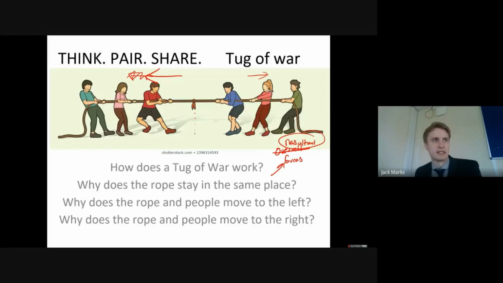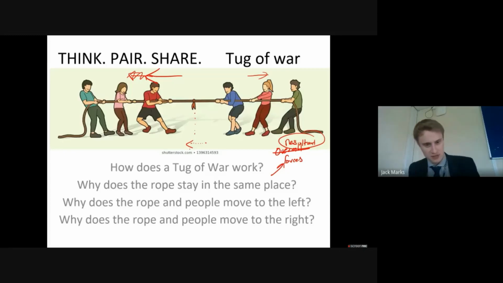Another really interesting idea is, let's think about if somebody's losing a tug of war. If this has happened, what happens? The rope begins moving to the left, doesn't it? And then it's quite hard to stop it. Even if you are really, really pulling, after a while the rope still might move that way.